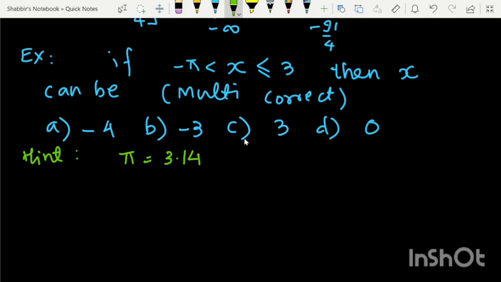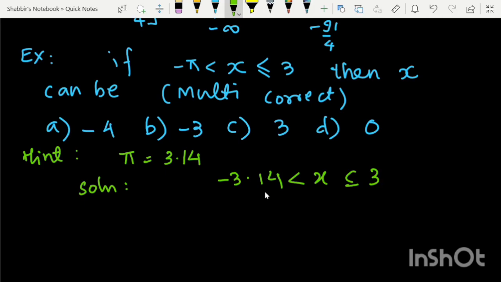Now you can just substitute the options given in the question, because in multi-correct questions we need to check the options to get the correct options. So 3.14 is pi, so minus 3.14. So let's see the solution now, guys. Minus 3.14 less than x less than or equal to 3.